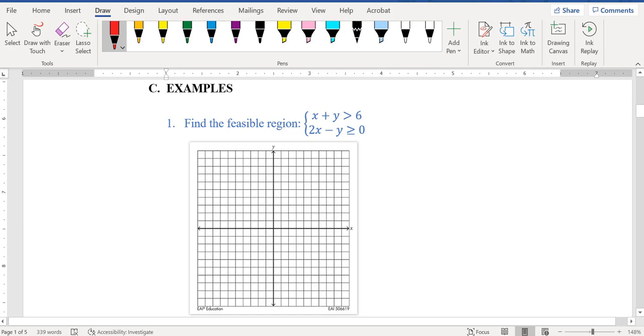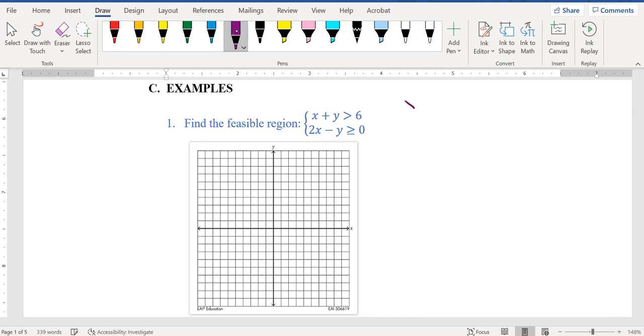Find the feasible region of the system x plus y greater than or equal to 6 and 2x minus y greater than or equal to 0. For the first inequality, x plus y greater than or equal to 6, I'm going to solve the corresponding equation, x plus y equals 6, and get it in y equals mx plus b form: y equals negative x plus 6.